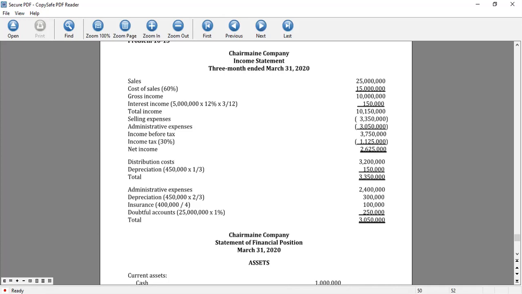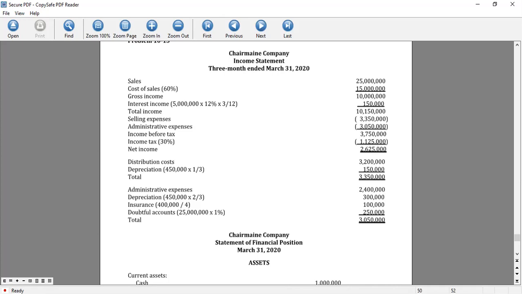For the distribution cost, 150,000 added, so the total depreciation added to 3.2 million, a total distribution cost of 3,350,000.